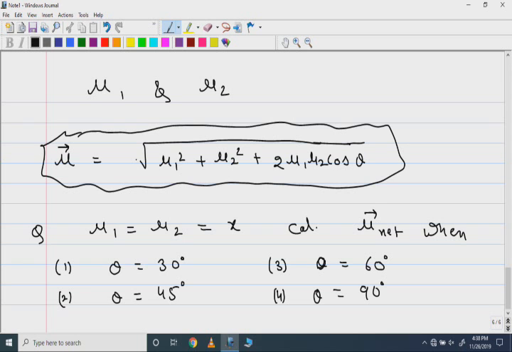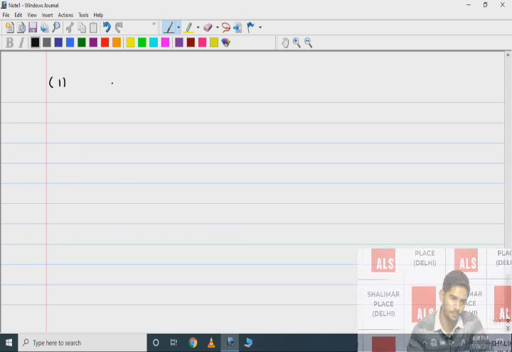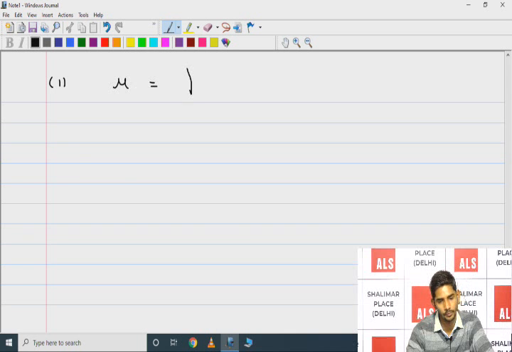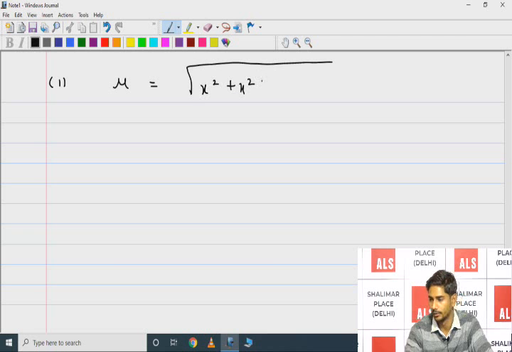If you have attempted that, then I'm going to start, guys. Just look at the screen. For the first part, mu would be under the root x square plus x square plus twice of x into x cos 30. Cos 30 is root 3 by 2.